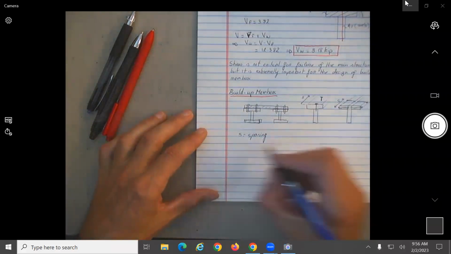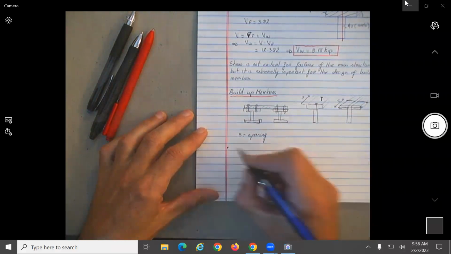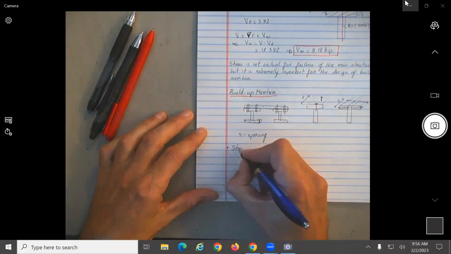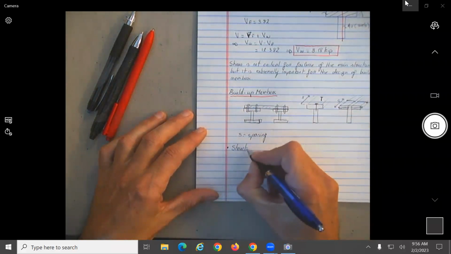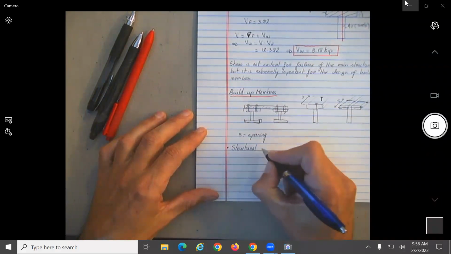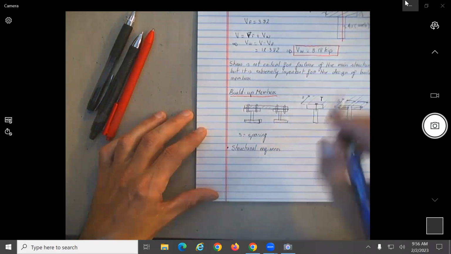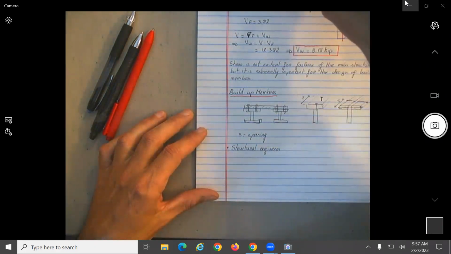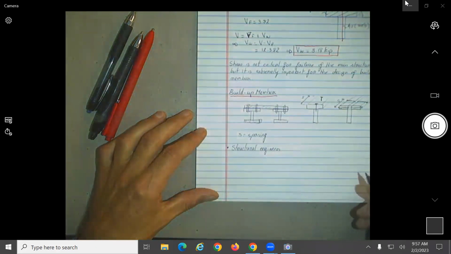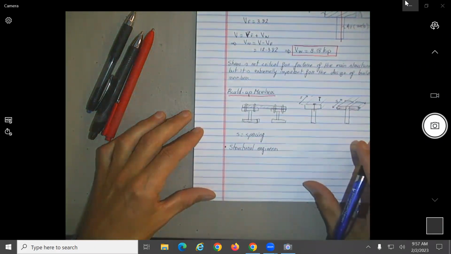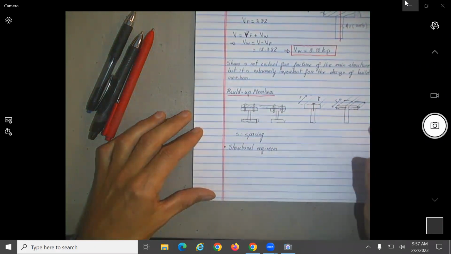Okay, so I'm going to put it here. Let's say structural engineers. Is it better with light or without light? With, okay.